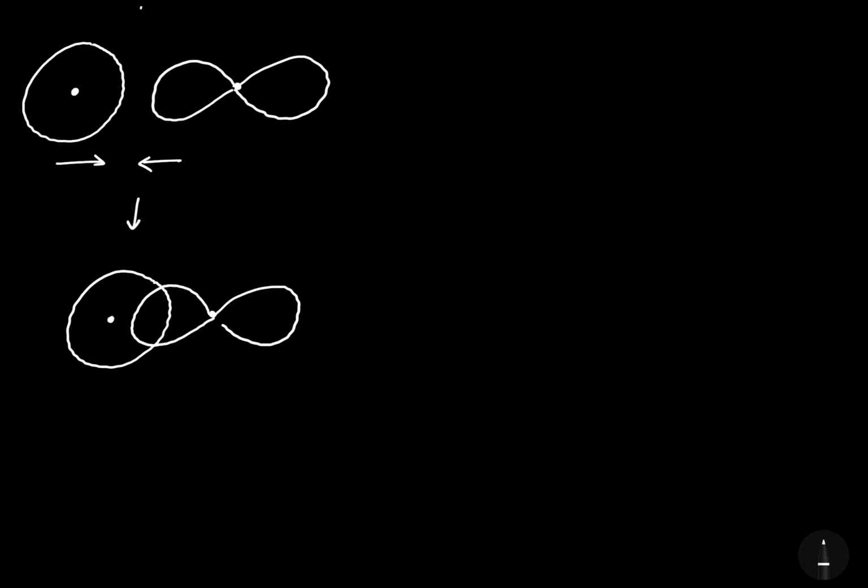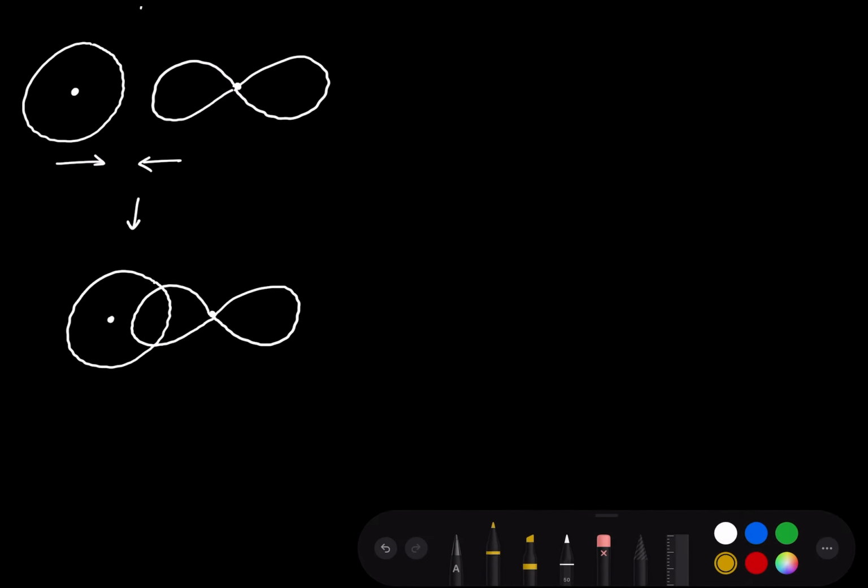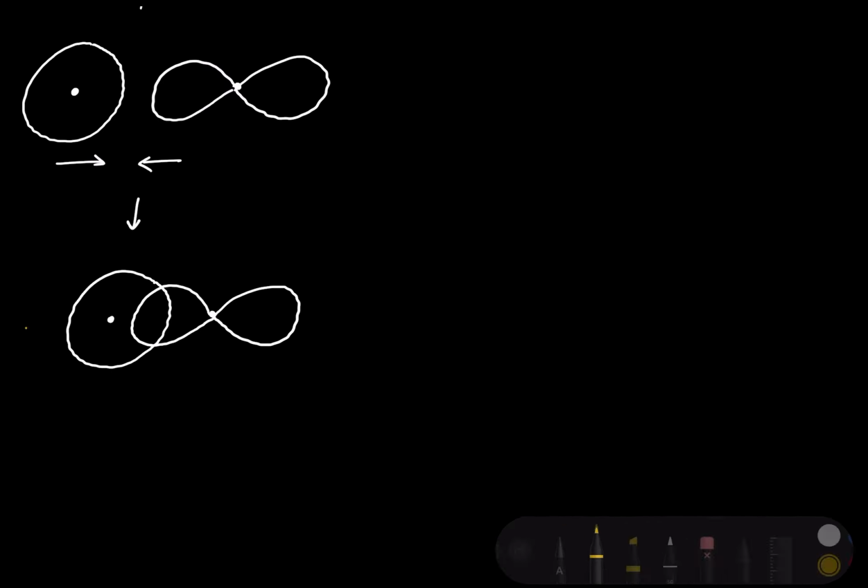This is the nucleus of the first atom and that's the s orbital, and this is the nucleus of the second atom and this is the p orbital which has overlapped with the s orbital of the first atom. Now let me draw the internuclear axis, the axis which is passing through both the nucleus.